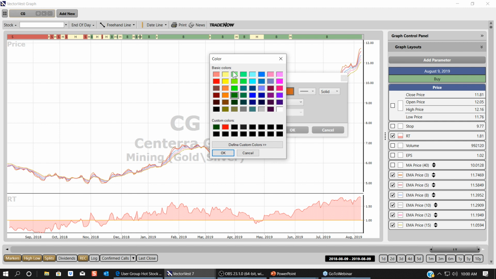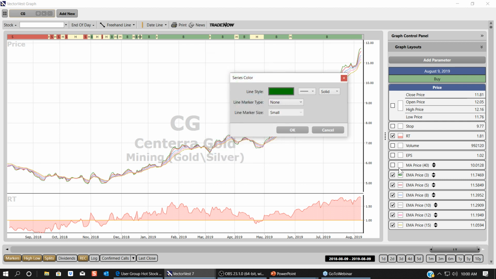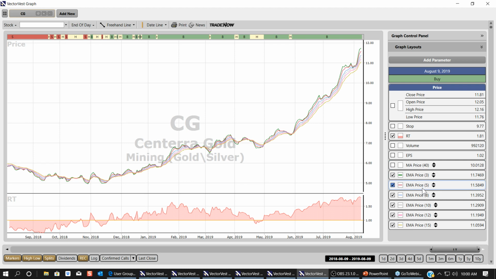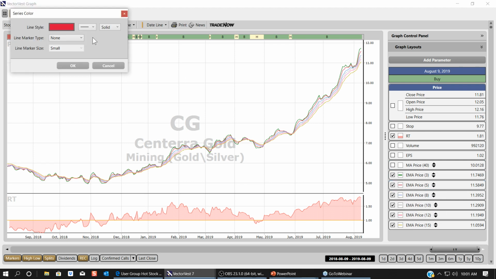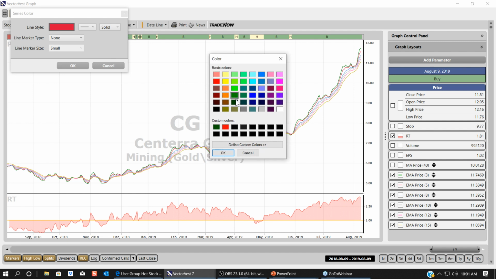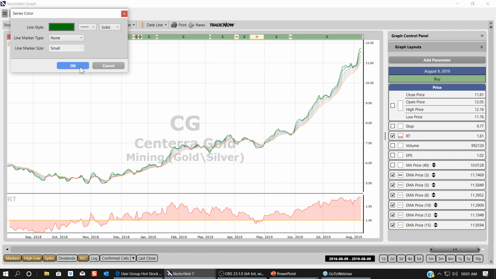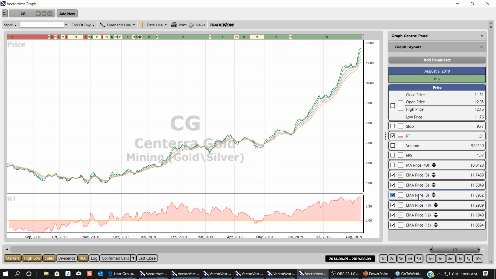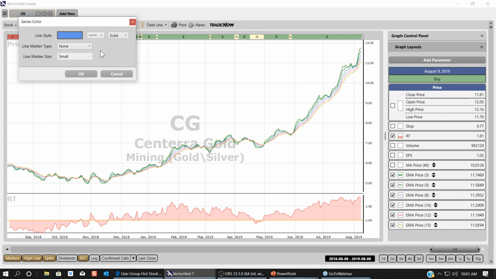You'll use these lighter colors typically if you prefer the black screen, but I'm using white, so I'm going to set it up with a dark green. Click OK. Come to the 5 EMA, change style, dark green. EMA 8, change style.